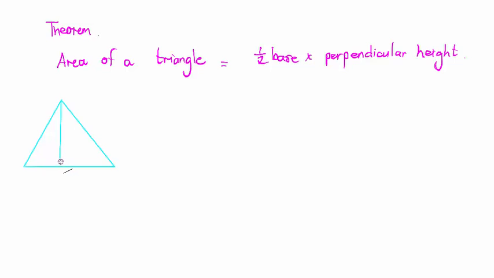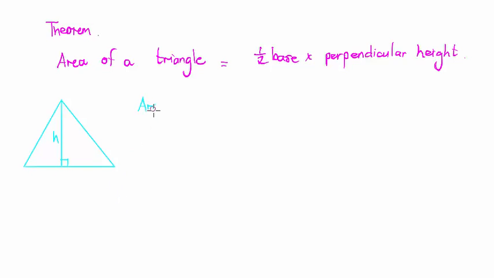What we mean by half base times perpendicular height is from the apex. So we put one of the sides as our base. Then the apex is the point opposite this side. And from there we just drop a perpendicular line down until it reaches the same level as the base.